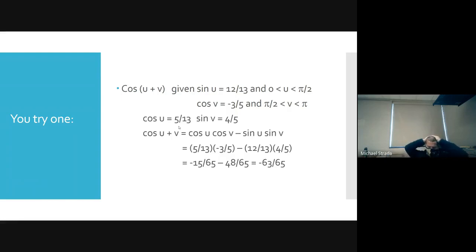If you want to draw your graphs, fine. If not, if you can derive the others. In other words, when they give you sine u, you're expected to figure out what cosine u is. When they give you cosine v, they expect you to figure out sine v, and vice versa. So you use the one to get the other.